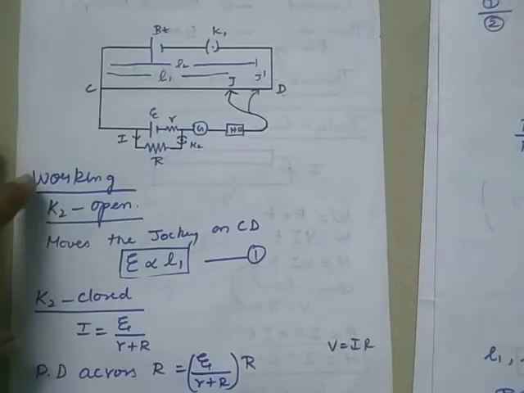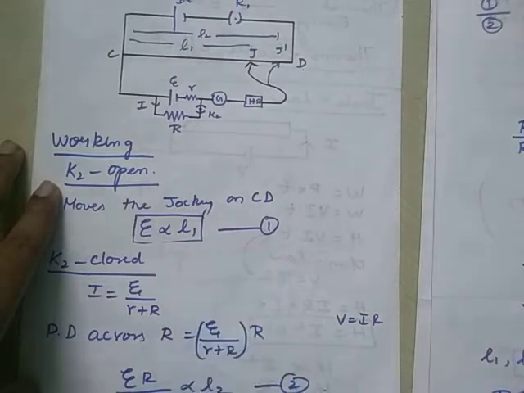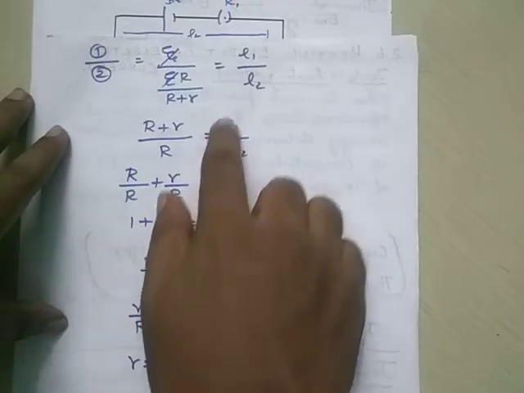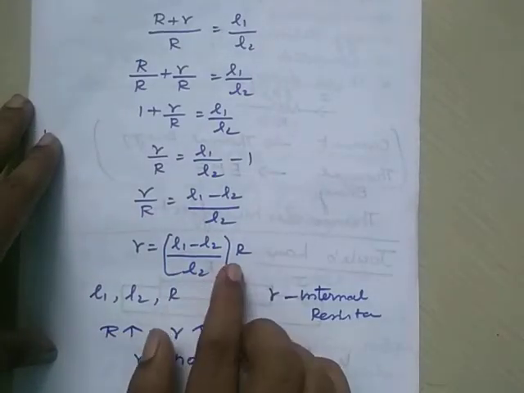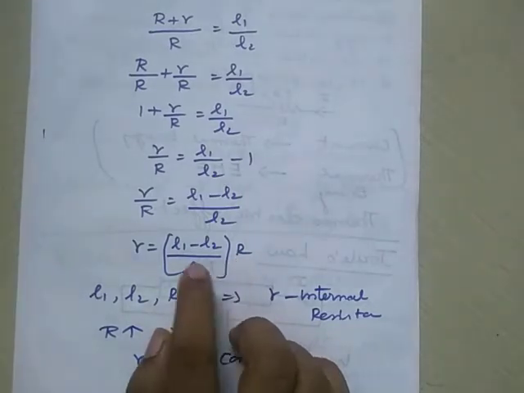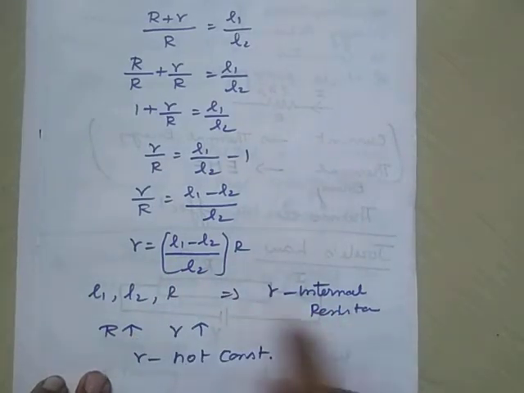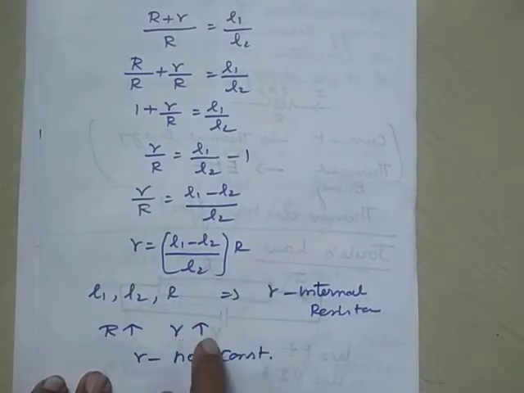Taking this as equation 1 and that as equation 2, and dividing equation 1 by equation 2, we finally get r = (L1 − L2)/L2 × R. If we know the values of L1, L2 and R, we can determine the value of internal resistance. If the external resistance value increases, the internal resistance also increases. Okay, r is not constant.